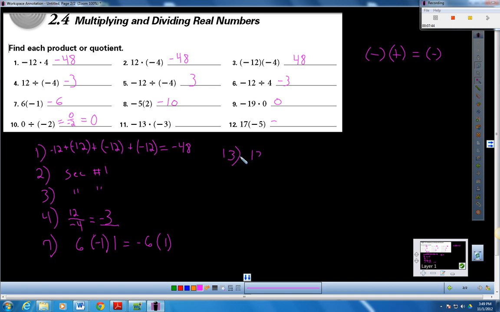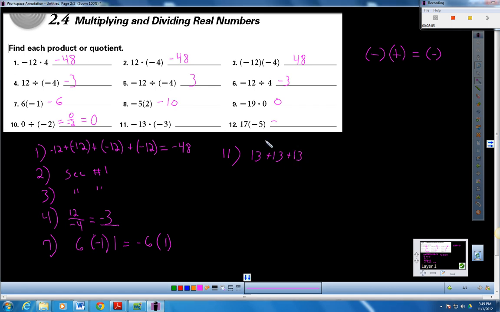I wrote number 13 up there mistakenly. We all know it's number 11. I could write 13 plus 13 plus 13.